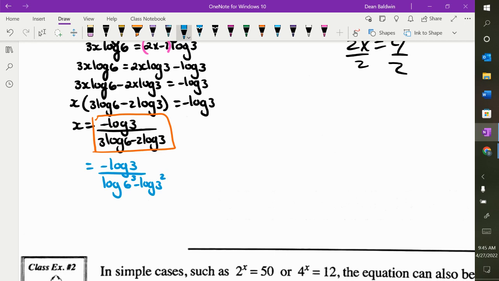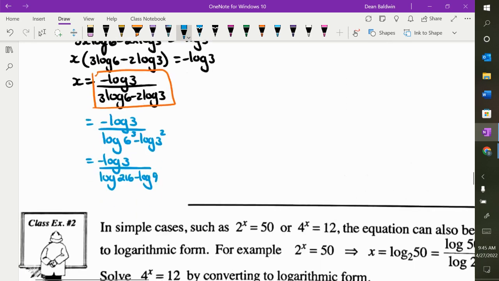Anybody know what 6 cubed is? 216. And 3 squared is 9. If you are subtracting logs, what are you doing with the arguments?